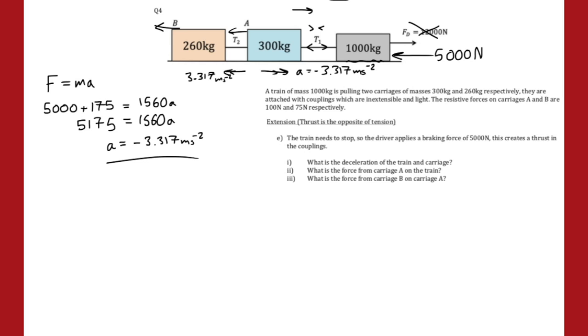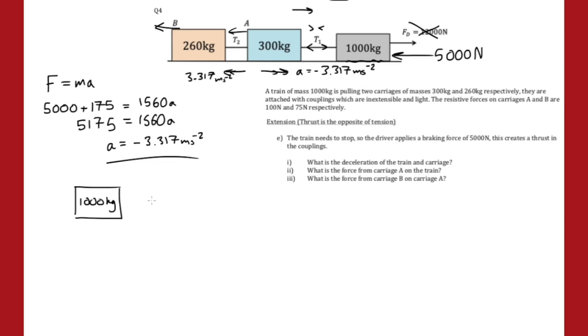So here's this question here: the force from carriage A on the train, so from here to the train, the thrust in this tow bar here, we need to work out. To make our lives easier, we're just going to consider the engine, the front of this diagram. So that is 1,000 kilograms.